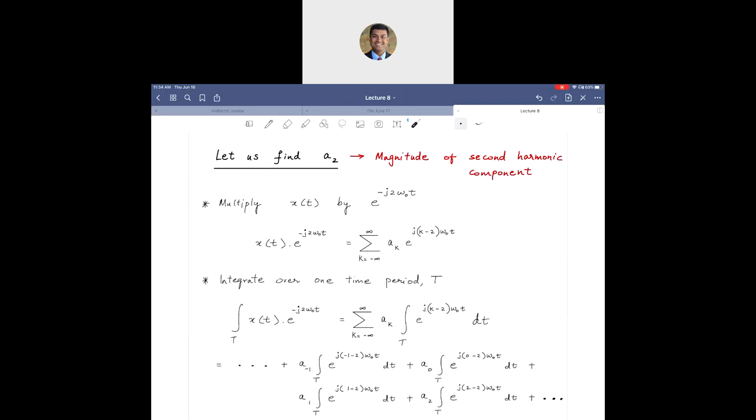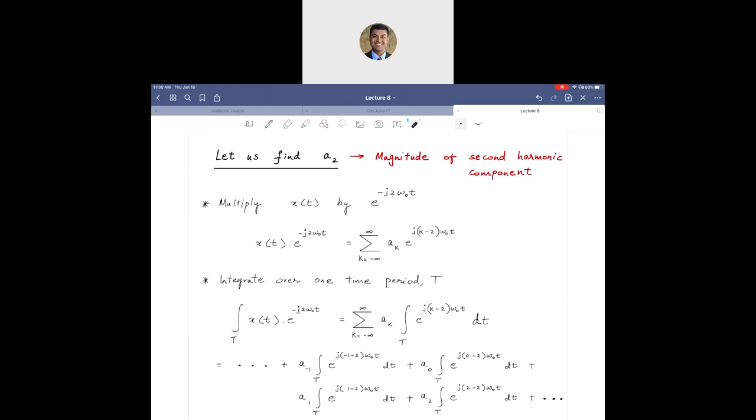So if x of t can be broken down into multiple harmonics, one with frequency 0, one with frequency omega naught, one with frequency 2 omega naught, one with frequency 3 omega naught, and so on, a sub 2 is the magnitude of the second harmonic, which corresponds to 2 times omega naught. So let us try to find a sub 2, and it will give us hints about how to find a sub k.